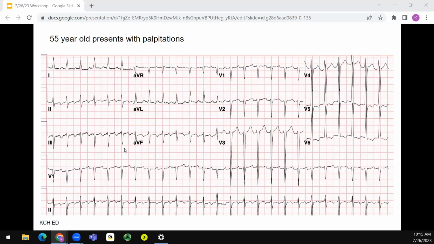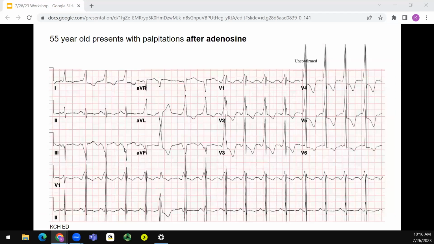So you try vagal maneuvers, and it doesn't work. So give adenosine. What else could you give? You could give fluids, or an AV nodal blocker. This patient got adenosine, and then this happened.